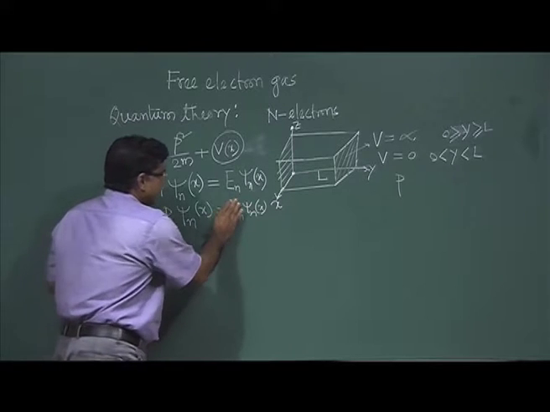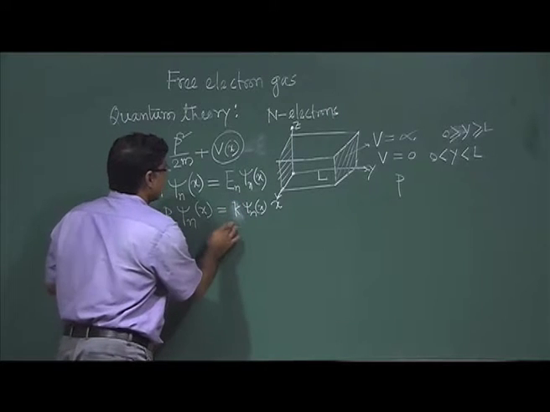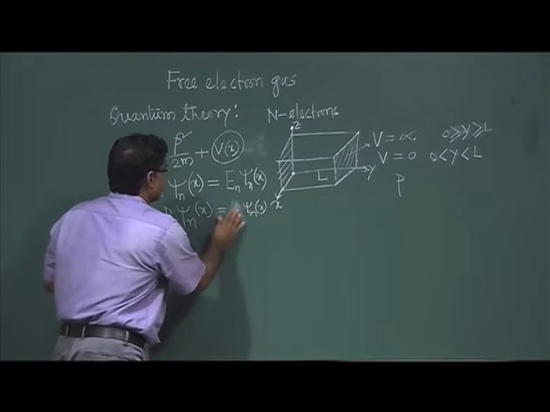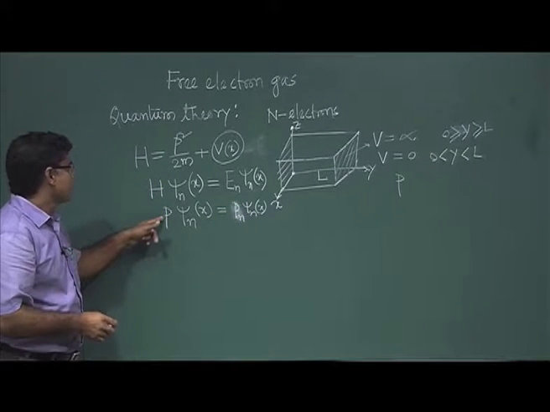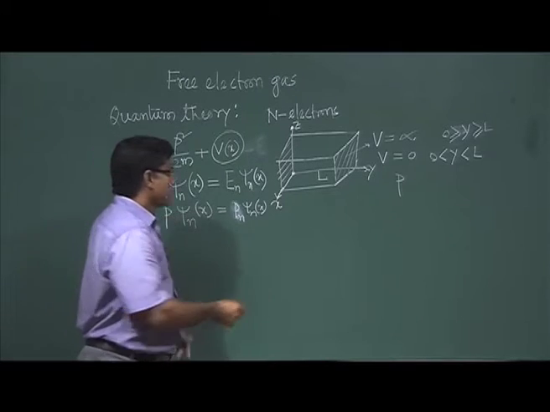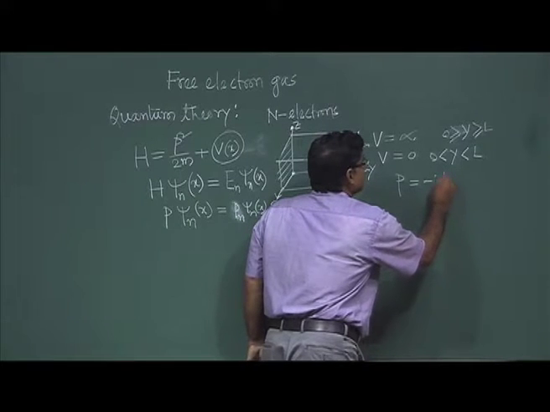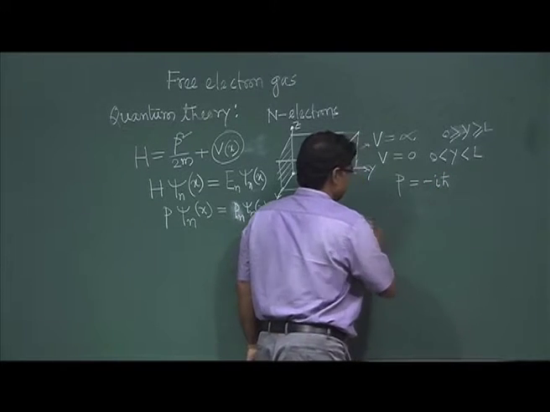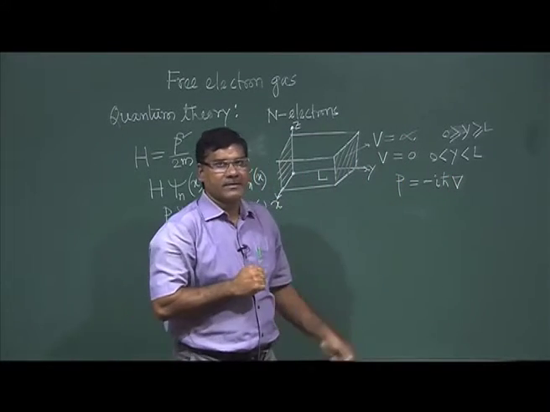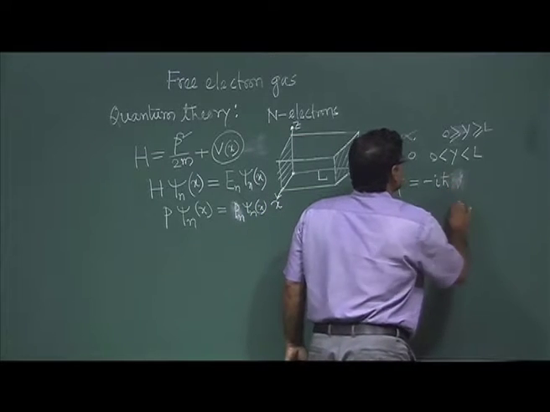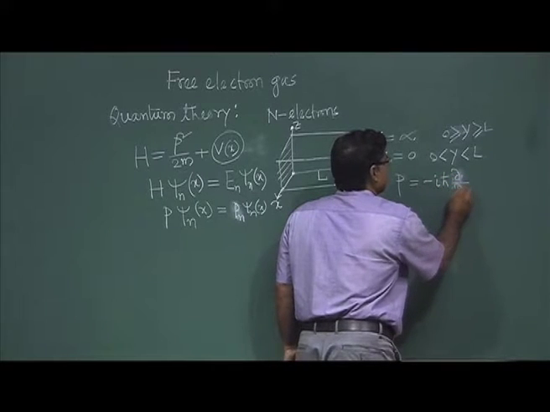Generally we write k, and some h cross will come, let us skip it. This momentum operator is written in the form minus i h cross grad in 3 dimensions, but in 1 dimension one can write del by del x.